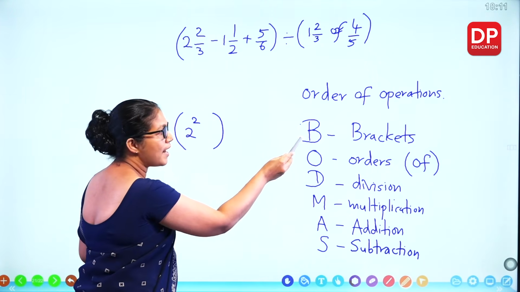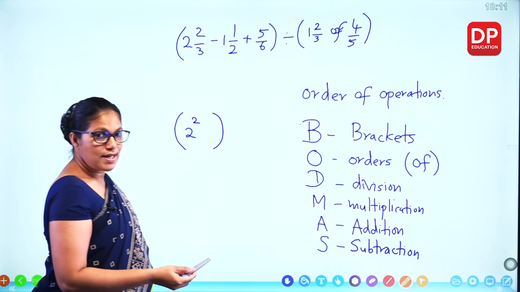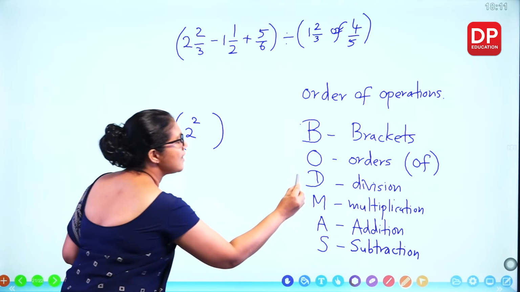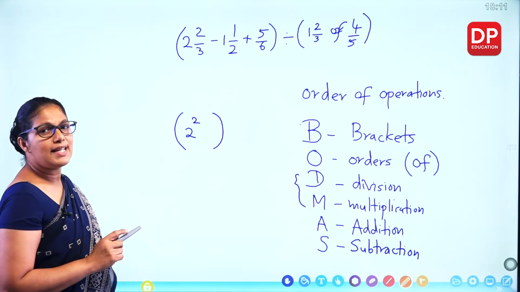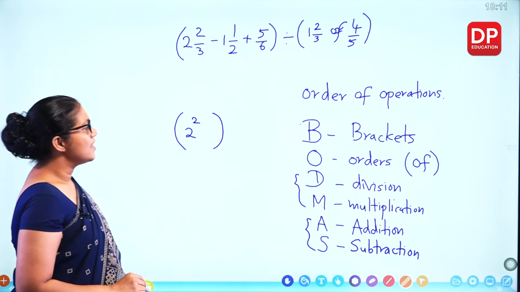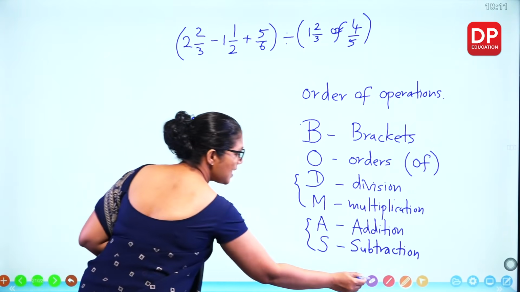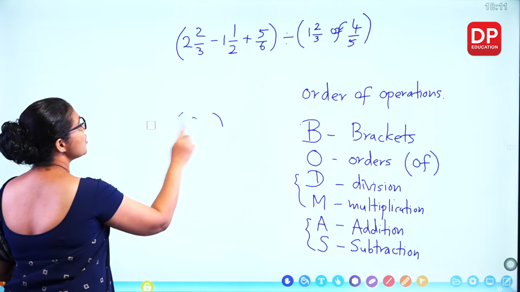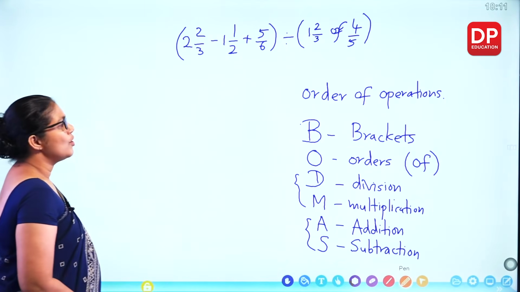First, when you get a bracket, you have to simplify that, then powers, then you can think of division or multiplication, and finally you can do addition and subtraction. So in this case, we can see all these operations are there. So what's the first step we can do?